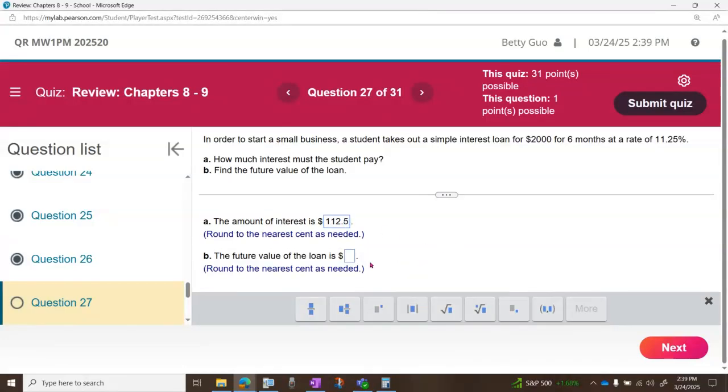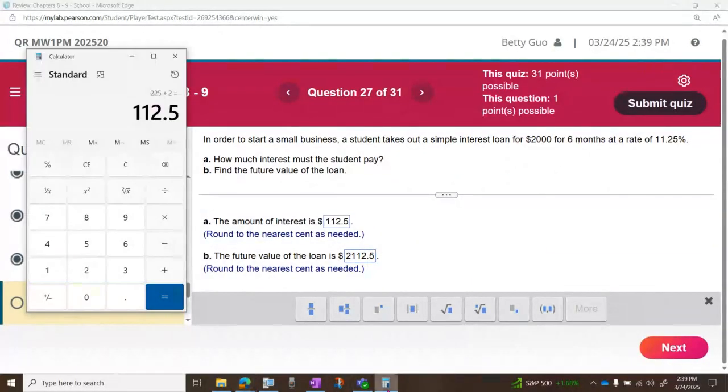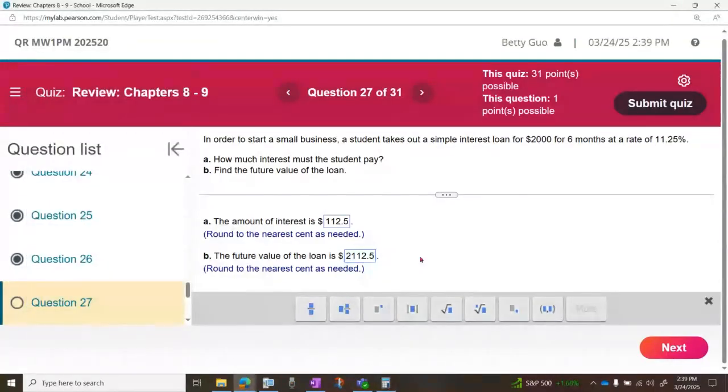So in half a year, he's going to pay back the $2,000 and the interest. So he pays more than the lender gives him, of course. So mark up. The future value is going to be $2,000 plus $112.50. Okay, very good. Add on top of $2,000.